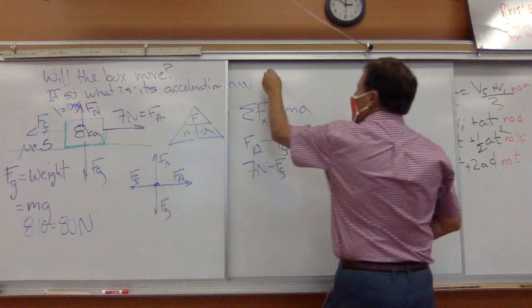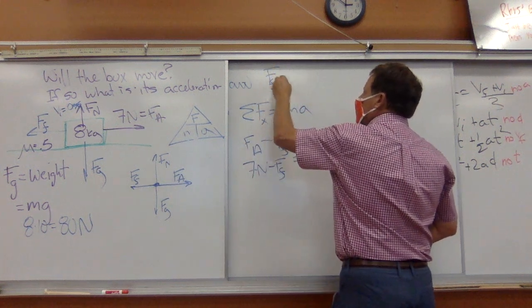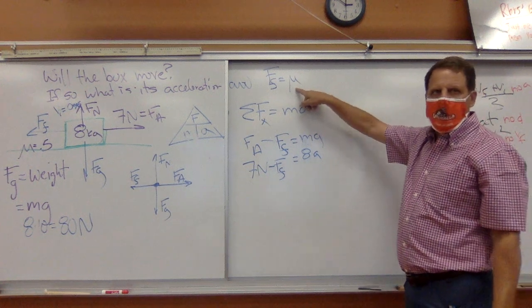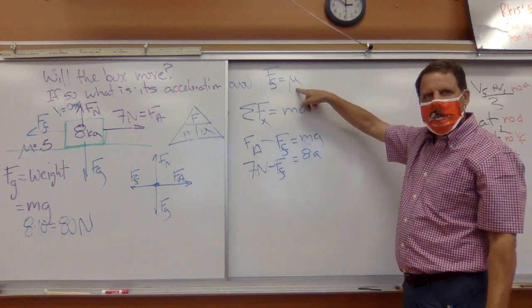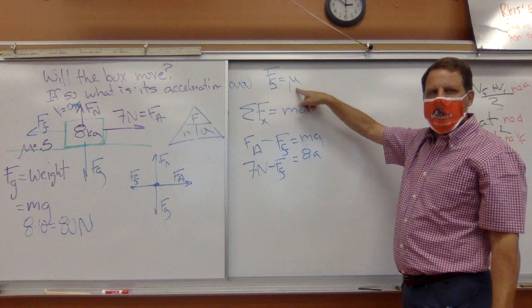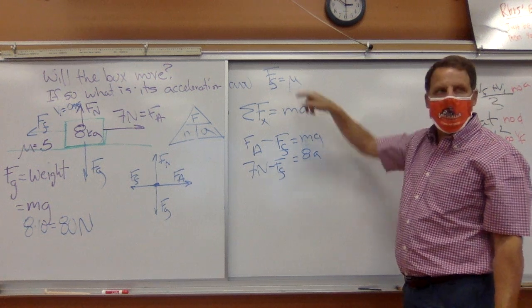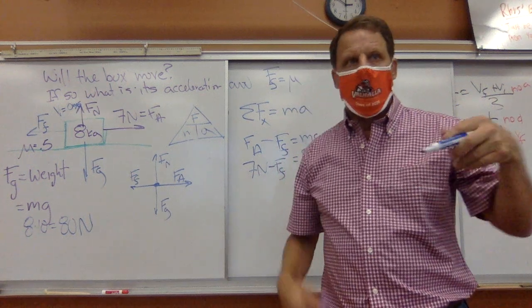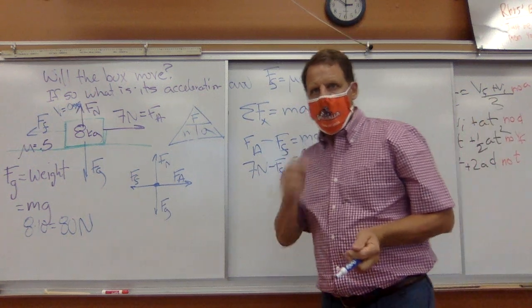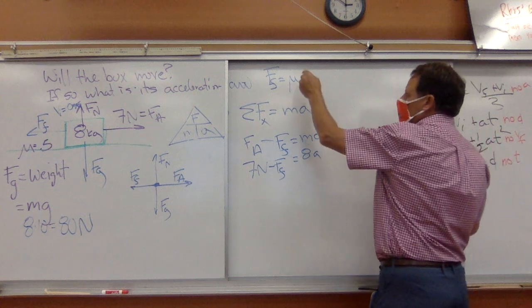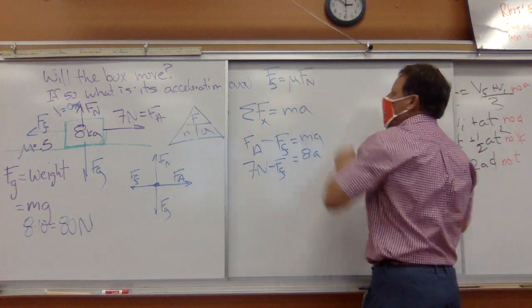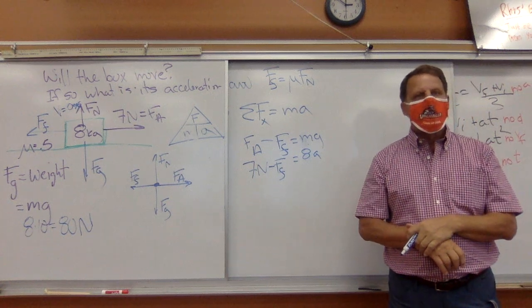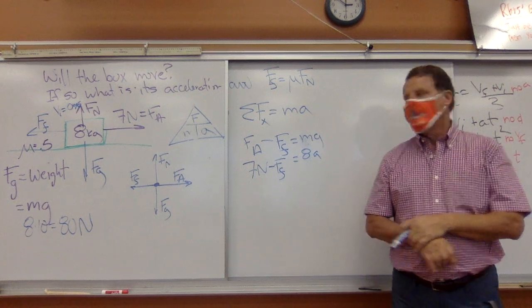The force of friction is equal to mu, the Greek letter mu, times the normal force. Force of friction is equal to mu times the normal force.